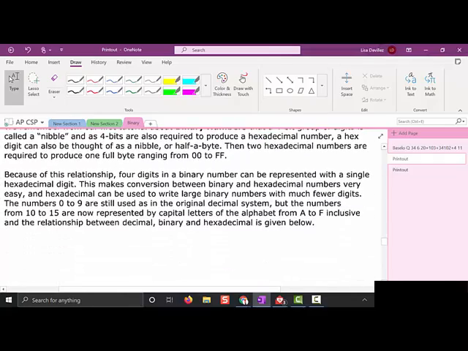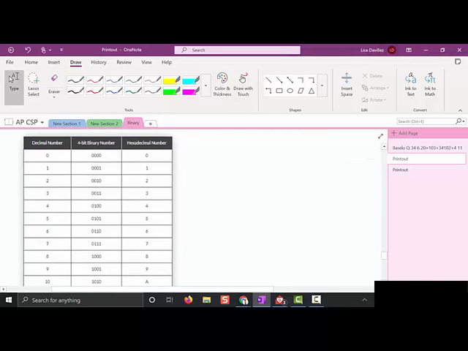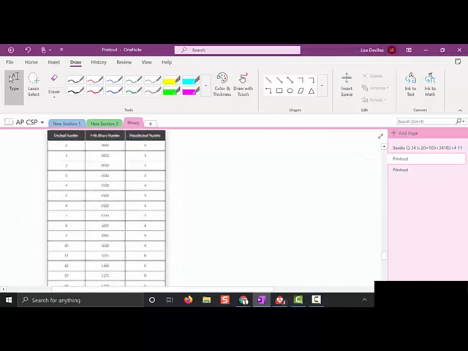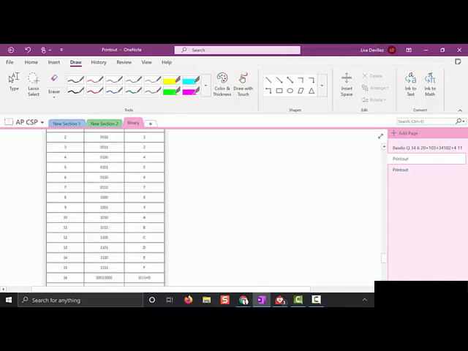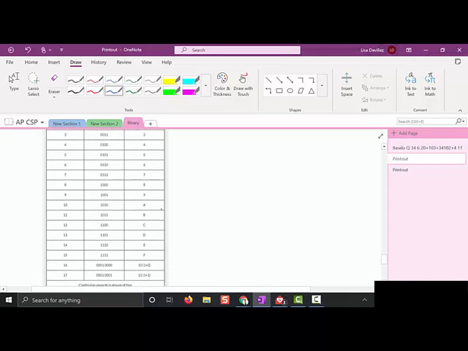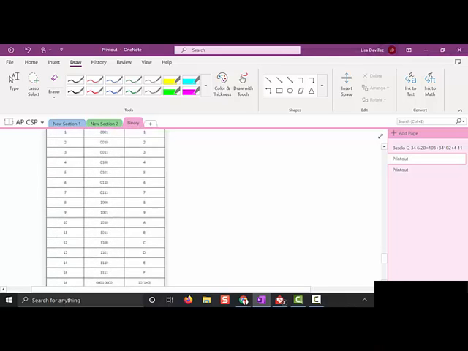You guys can read all that, but I want to go down here to the table so you can see the numbers. In this table, we know the first 10 of the 16 are going to be 0 through 9, but then we run out of number digits, so then we go to letters. So we go A, B, C, D, E, F to represent the rest of the digits.